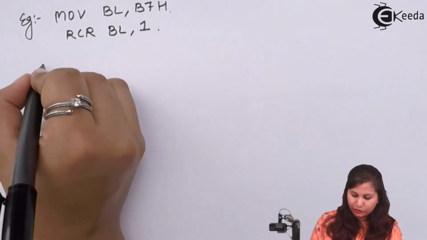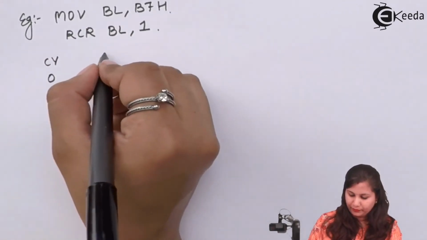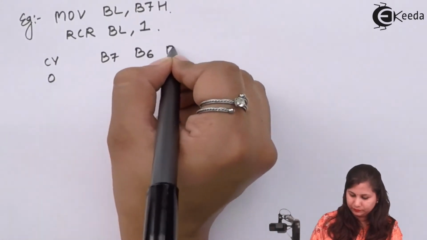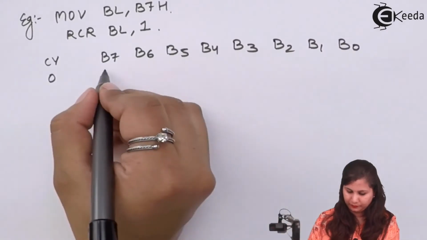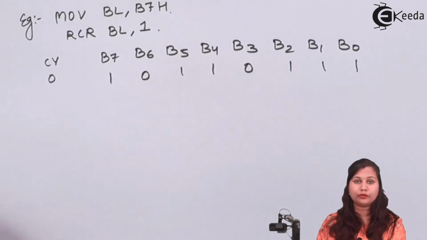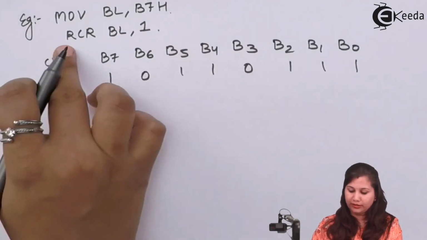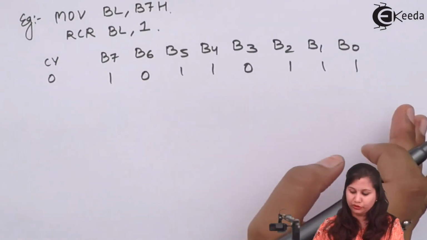So before execution, suppose we are having the carry flag as 0. So we have to rotate through carry to the right hand side. So all the bits will be shifted to the right hand side.